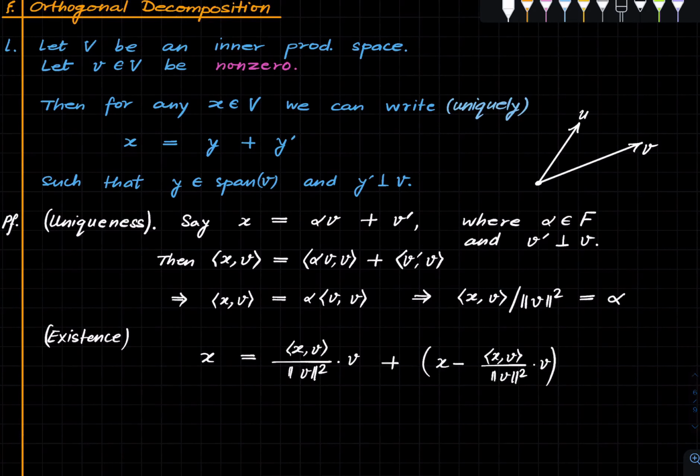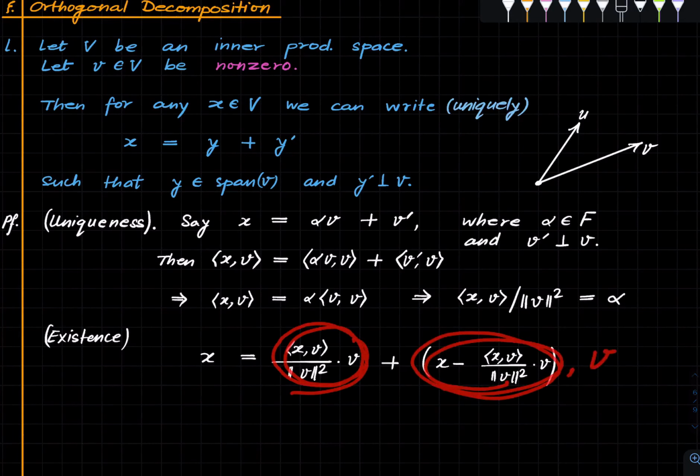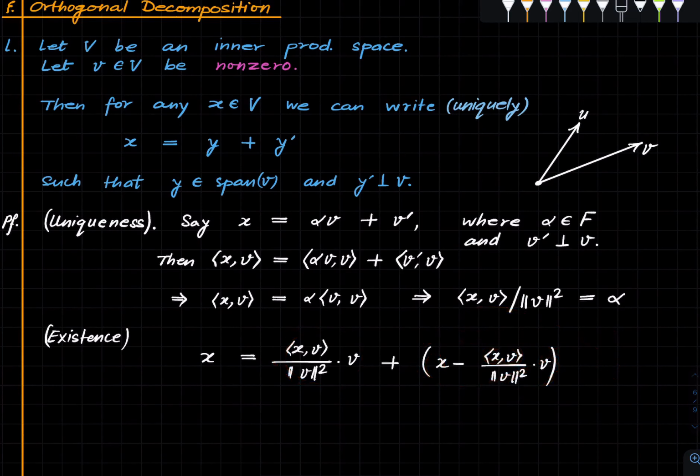Just note that this is a desired decomposition. So clearly this is in the span of v, and this is orthogonal to v simply because when you dot it, you will get 0. Because the first part will be x dot v, and the second part will be, you already have an x dot v, but this v dot v will cancel with the denominator. So this is a desired decomposition.